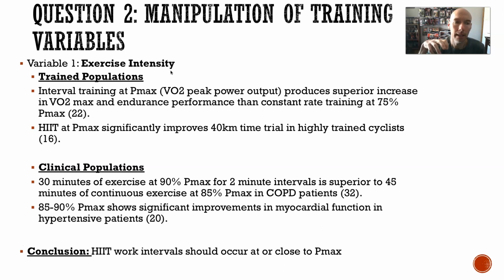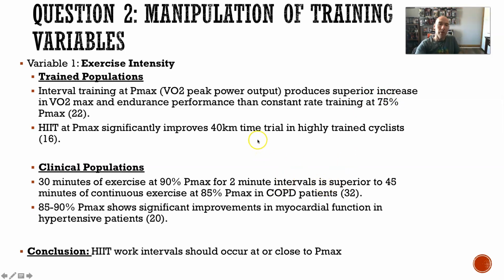Now, a variable that kept showing up in these papers that I found was the Pmax, and what that refers to is the peak power output at somebody's VO2 max, okay? And so what some studies found was that a Pmax of at least 75% was required to achieve benefits, okay?